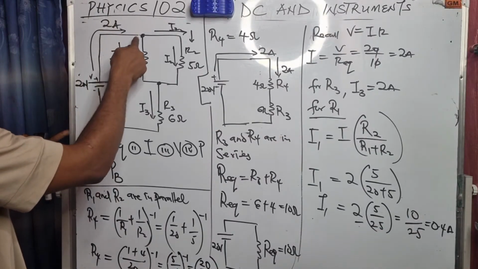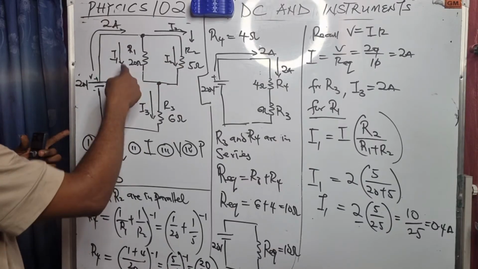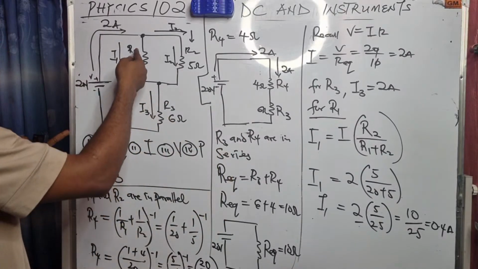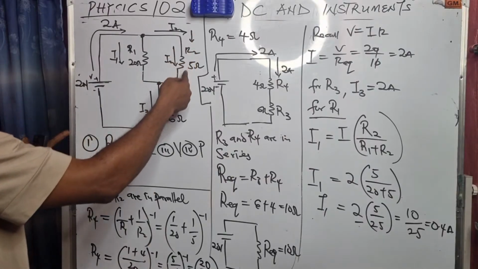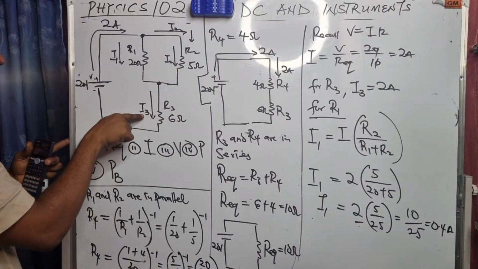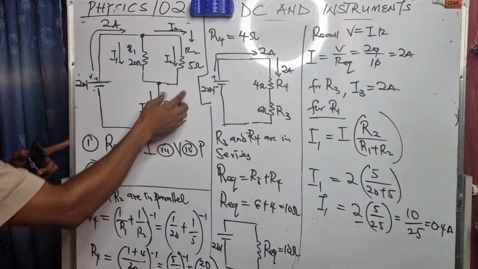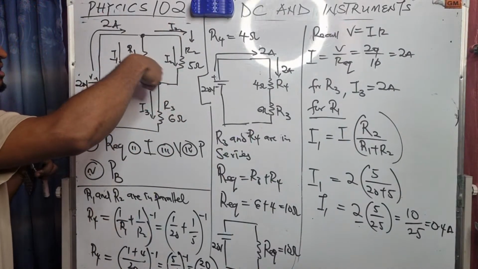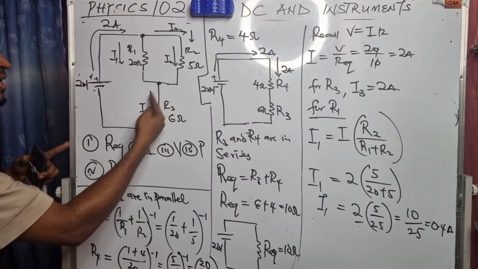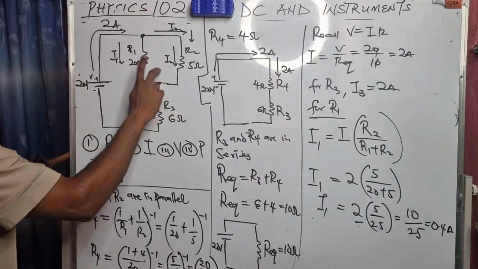We have 2 ampere, 0.4 flows through here, and what will flow through here is 2 minus 0.4, which is 1.6. So if 0.4 comes down and 1.6 comes down, that sums up here as 2 ampere. That's why the current that flows through I3 is the same, 2 ampere, because R3 is in series with this. In series, the same current must flow. The current here must be 2 ampere in total, because R3 and these two combined are in series.